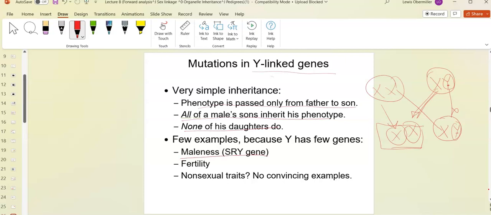The SRY gene is on the Y chromosome. We talked about that. There are some fertility factors that can cause you to be infertile, and they're related to mutations in the Y chromosome. There are some other non-sexual traits, but there aren't many examples, or they're too complex to actually say that they're single genes.